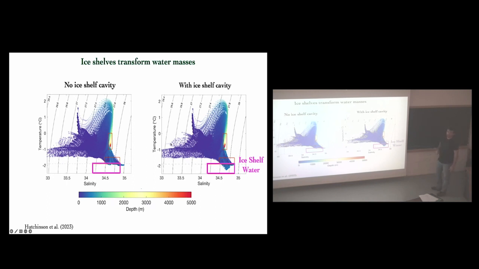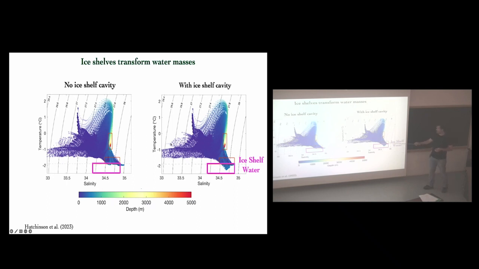Ice shelves are also important for water mass transformations. This is a result that was published by Catherine Hutchinson last year, and this is a temperature salinity diagram in an ocean simulation without ice shelf cavities, and this is the same with a representation of ice shelf cavities in the ocean model. What you can see on this plot is a water mass that appears here.